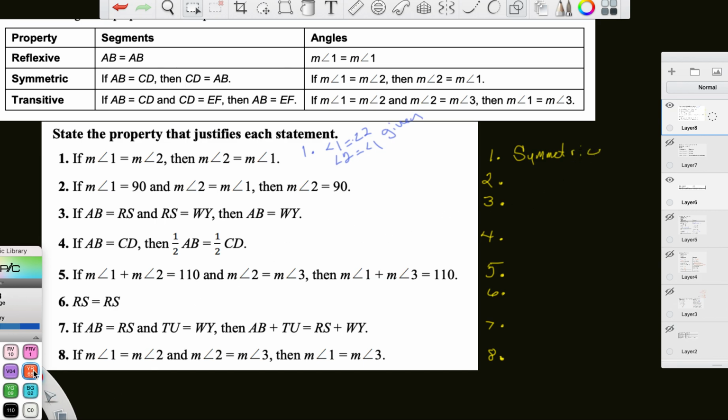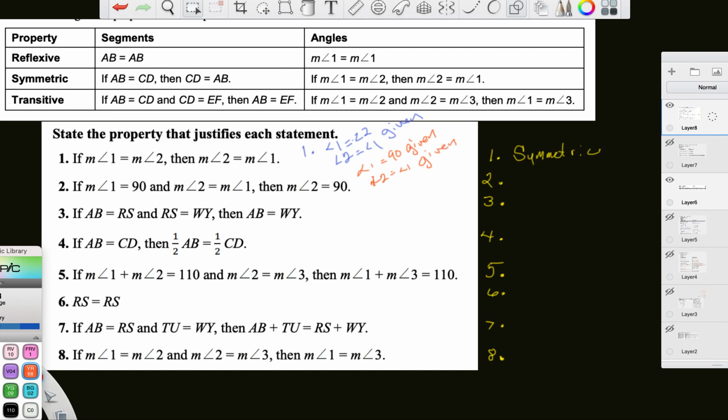Okay, let's see if we can look at number 2 here. Angle 1 equals 90. That's given. And angle 2 is equal to angle 1. Also given.